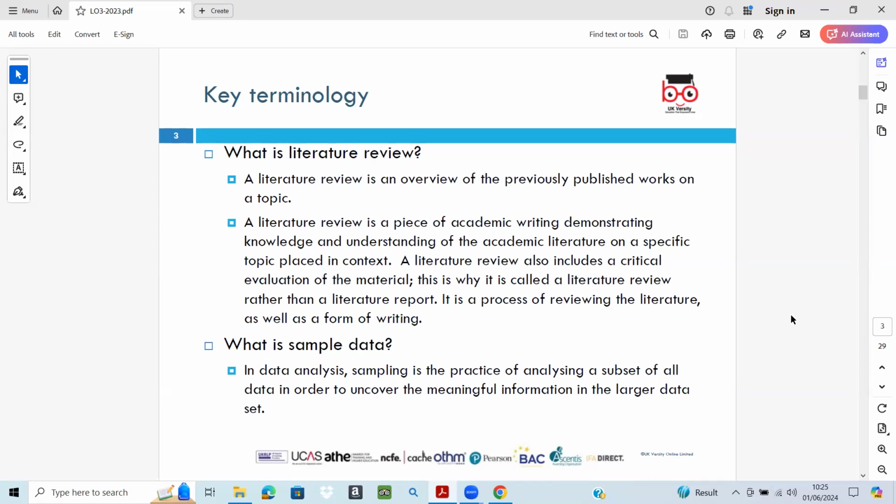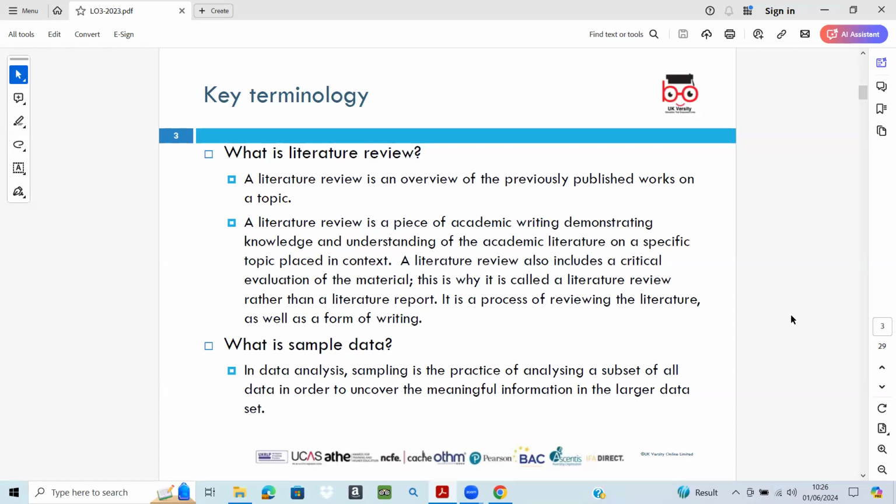We could have gaps in the literature where long-term health outcomes of telehealth have yet to be thoroughly investigated. And by synthesizing this information, we can provide a comprehensive view of the existing knowledge and set the stage for our research project by identifying areas that require further exploration.